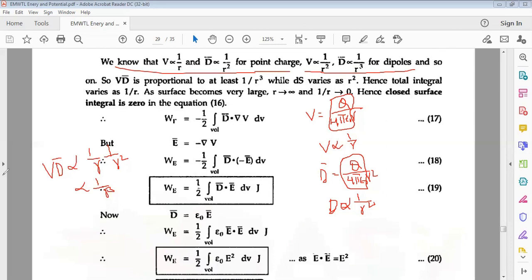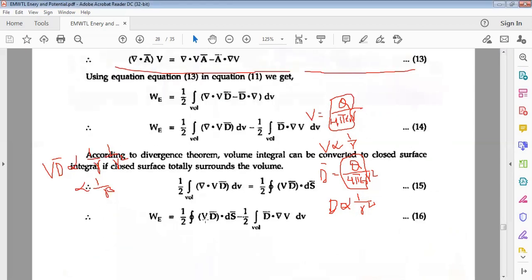Why is it so? In the first term of the integral, V D bar dot ds bar, V D bar is proportional to 1 by r cube and ds, the differential surface, varies as r square.